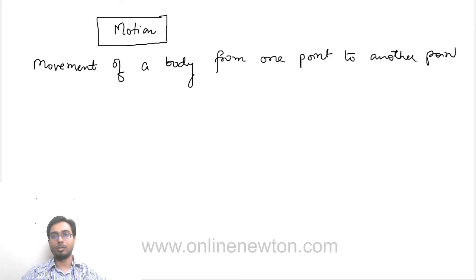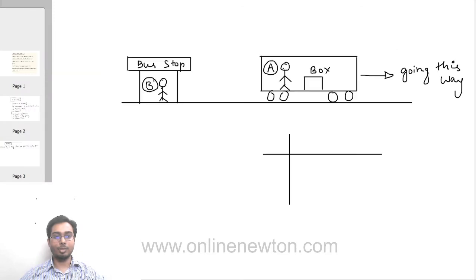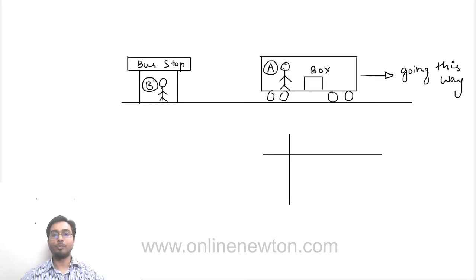In simple words, this is how we say motion is happening, that the body is moving. Now I'm going to take you to one such situation where this definition may not help us directly, and that situation is here in front of you.